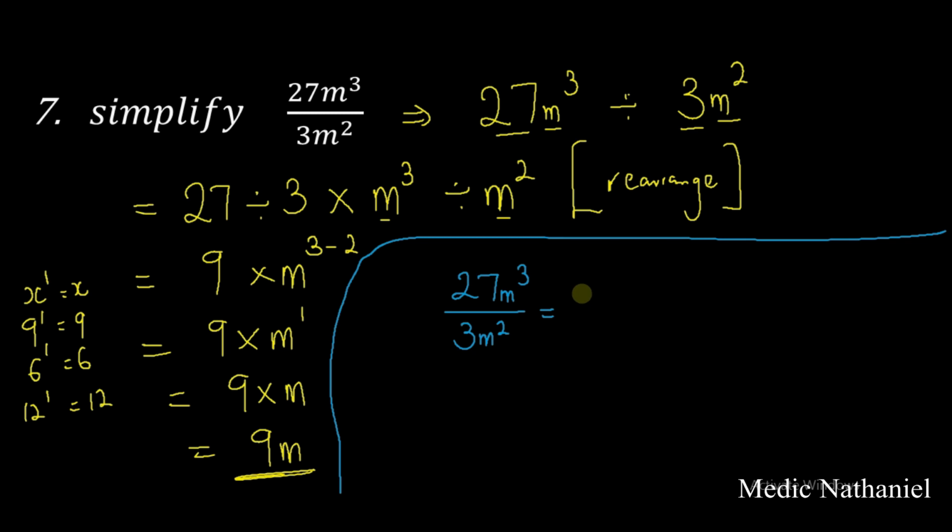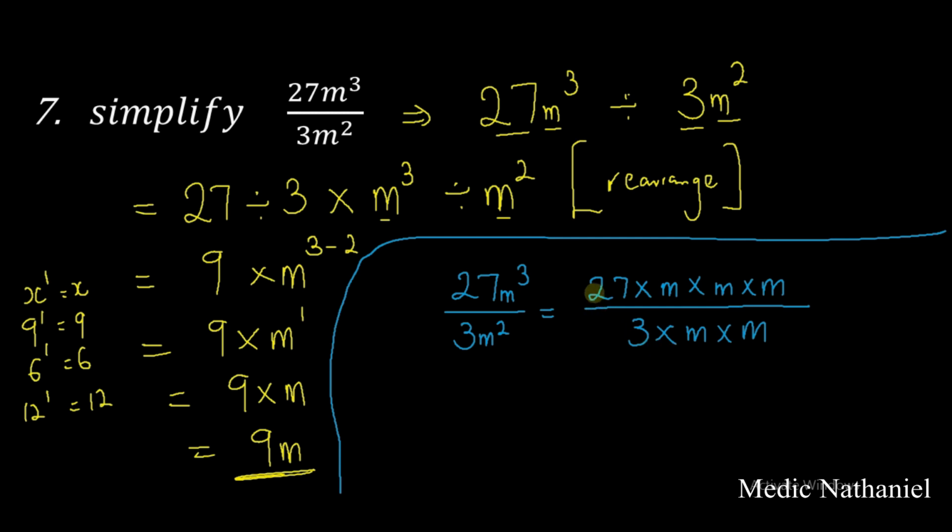So this is like 27 times m times m times m. You know, m times m will give you m squared, times m again will give you m raised to the power of 3. So all over 3 times m times m. You know, m times m will give you m squared.